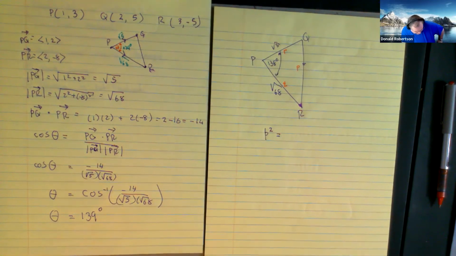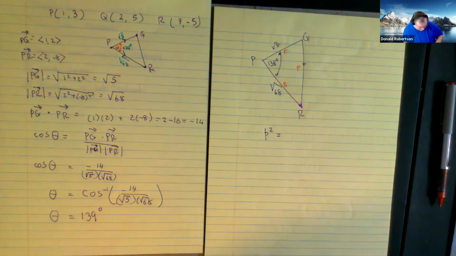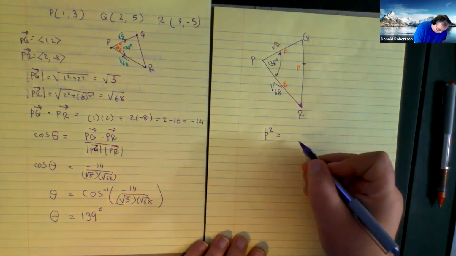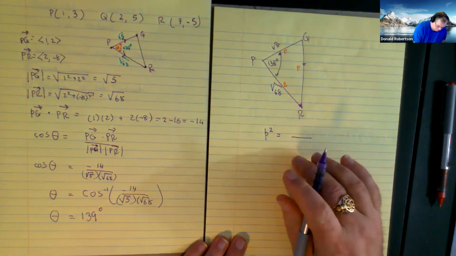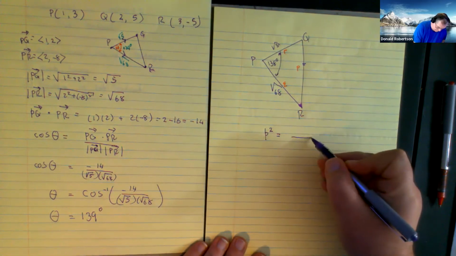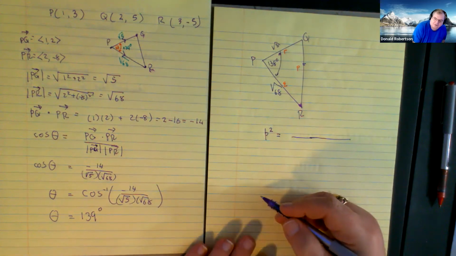Can anyone tell me the cosine rule formula for finding little p using the r's and the q's and whatever? Yeah, frantically looking up notes here.